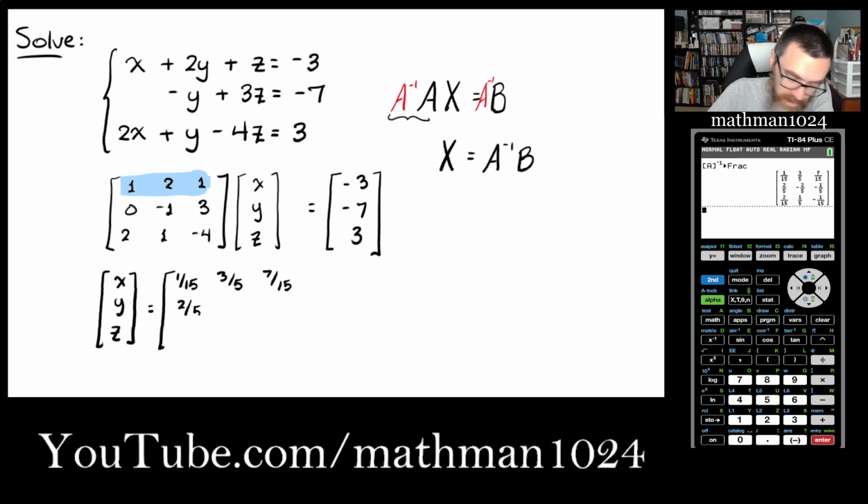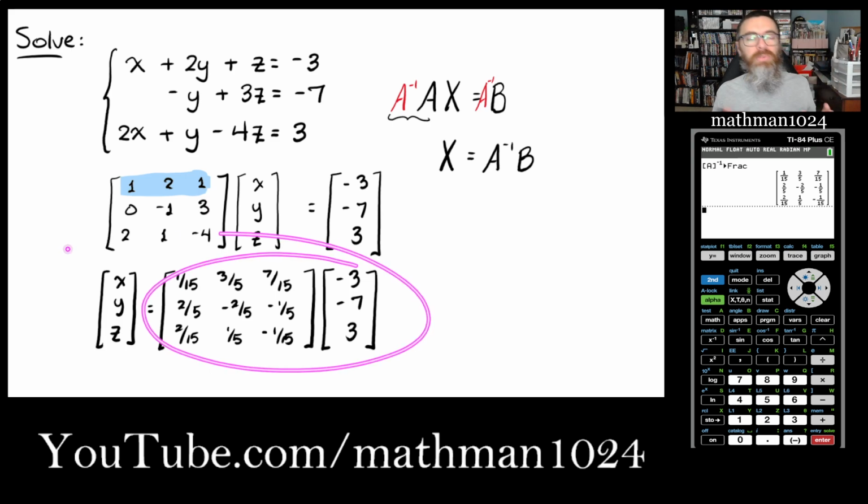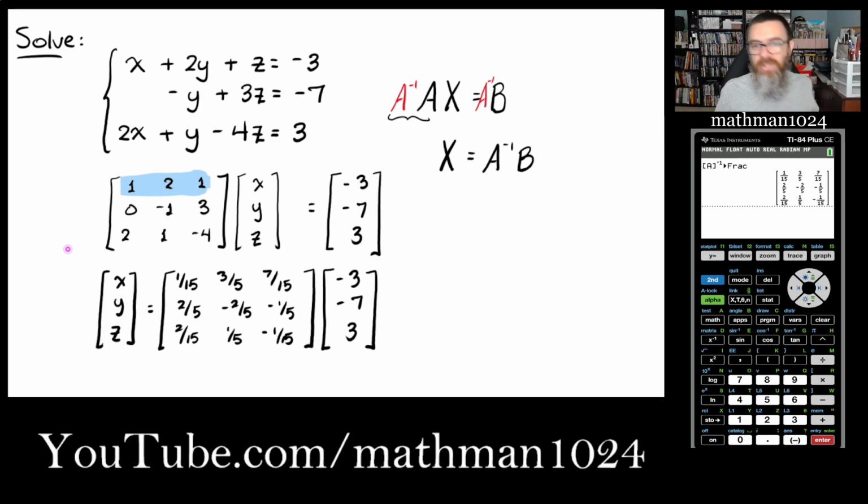Then we had 2 over 5, negative 2 over 5, negative 1 over 5, 2/15, 1/5, minus 1/15. So if I take that and then I multiply that times those constant values on the right side here, this is just an exercise in multiplying matrices together. When I do that, that will tell me what the solution is to my system.